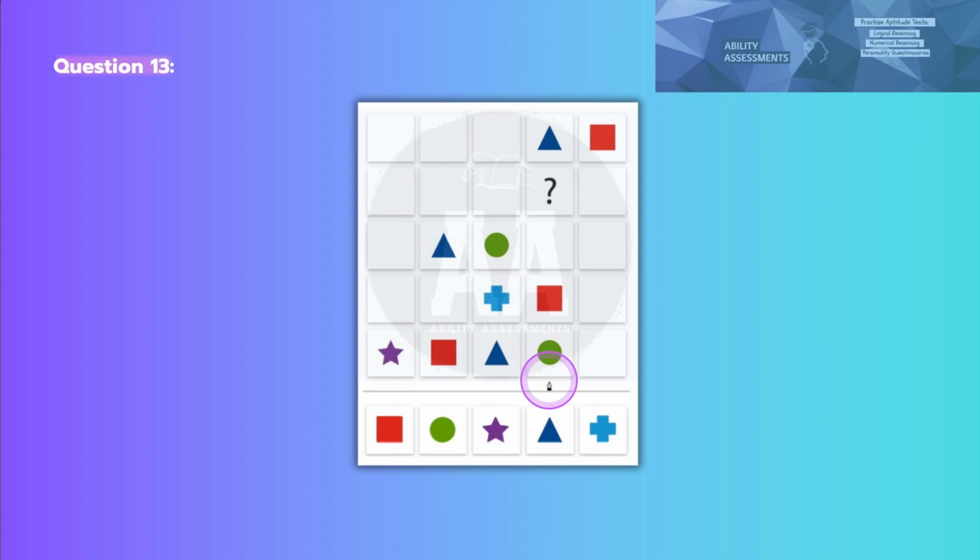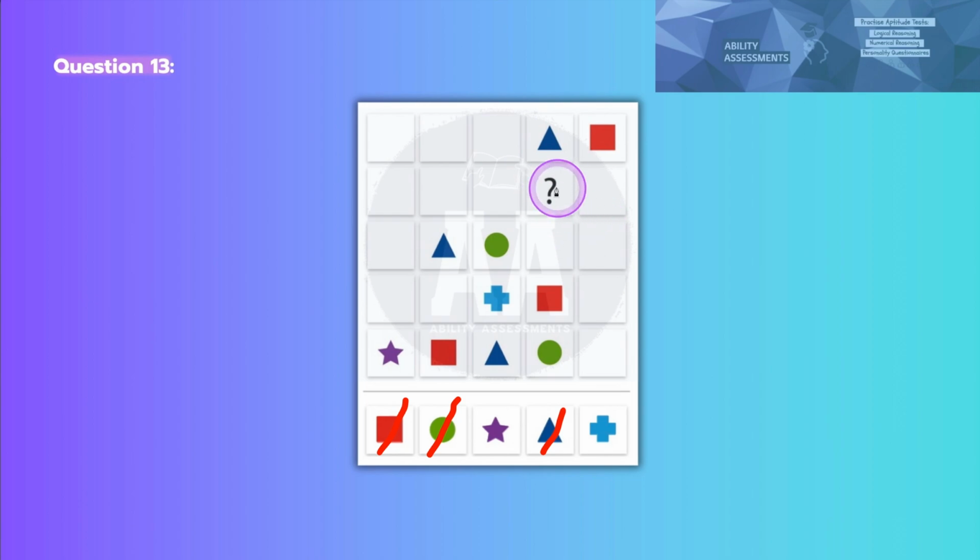So let's see, the first shape we can eliminate is the square. That's in the same column, so it cannot be the square. The circle and the triangle are also in the same column, and therefore these can also be eliminated and cannot be the answer. So now we are left with two shapes, the star and the cross.